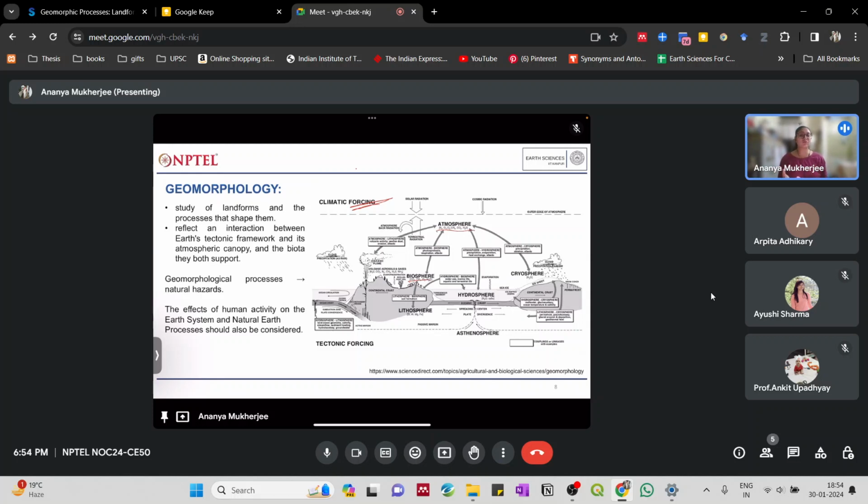Some of these landforms are actually important for sustaining the life of the people who are staying in these regions. Recently we had an incident in Sikkim, where there was a glacial lake outburst, and more than half of that lake got emptied out.